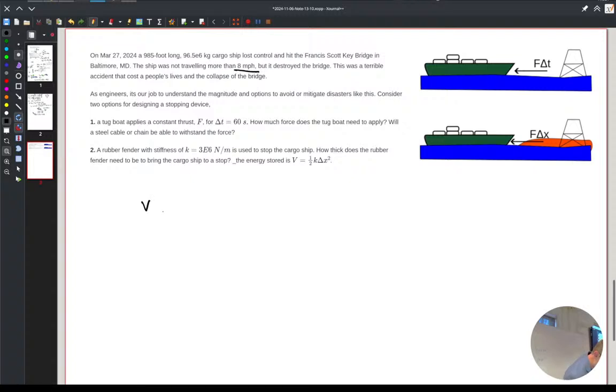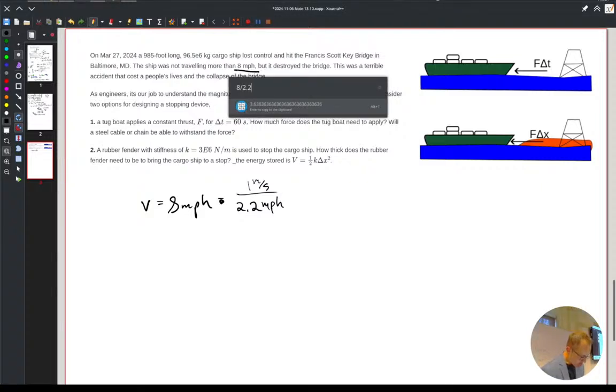So V equals 8 miles per hour, which I think is like 2.2, 2.1. 3.58? As for the actual value. Oh, the actual value. 2.23 miles per hour.